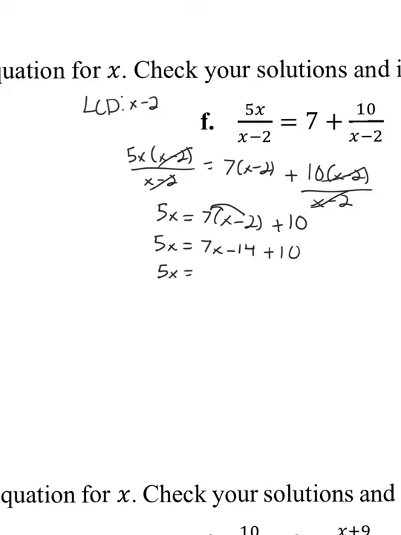Combine some like terms here. 7x minus 4. Let's go ahead and subtract 7x from both sides. And I get negative 2x equals negative 4. Divide both sides by negative 2, and I get x equals 2.